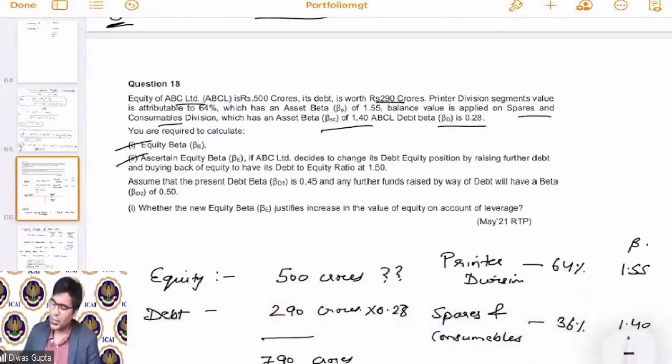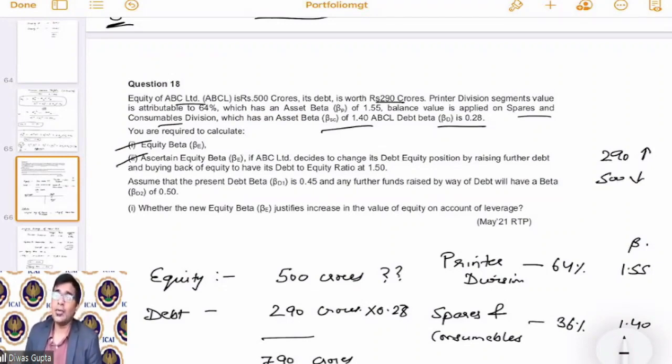The question is giving you a second situation: you have to ascertain the equity beta if ABC Limited decides to change its debt equity position by raising further debt and buying back equity. The composition they are putting forward is that they are going to issue further debt, so from 290 the value of debt is going to go up, and the equity shares are going to go down.